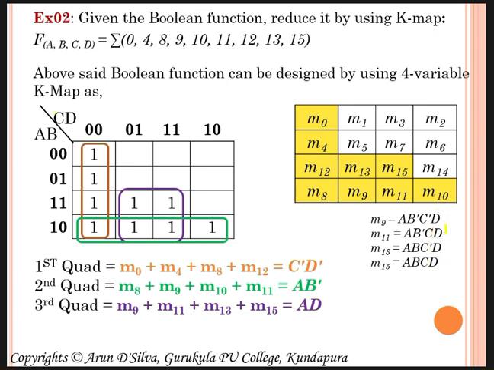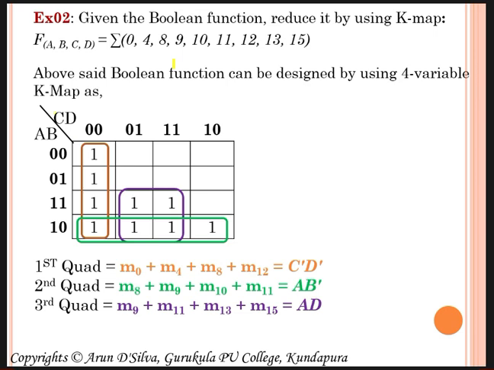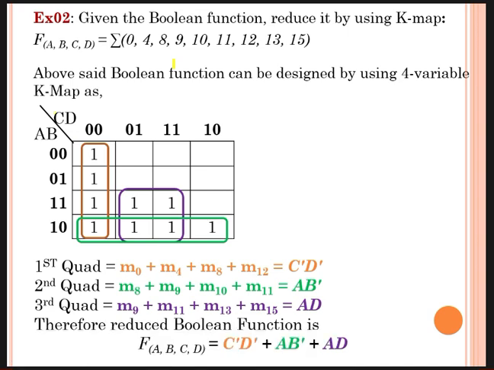But if you see, D remains the same. So A, D we have. Now looking at this K map, all the variables are in a group. So we write the reduced Boolean function: f of ABCD equals the first term C dash D dash plus AB dash plus AD.